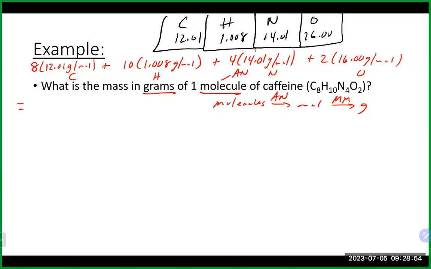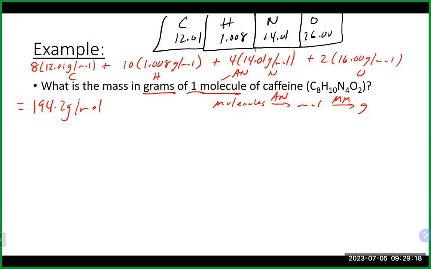That is going to give us a molar mass of 194.2 grams per mole. All right, so we pretty much got everything that we need.